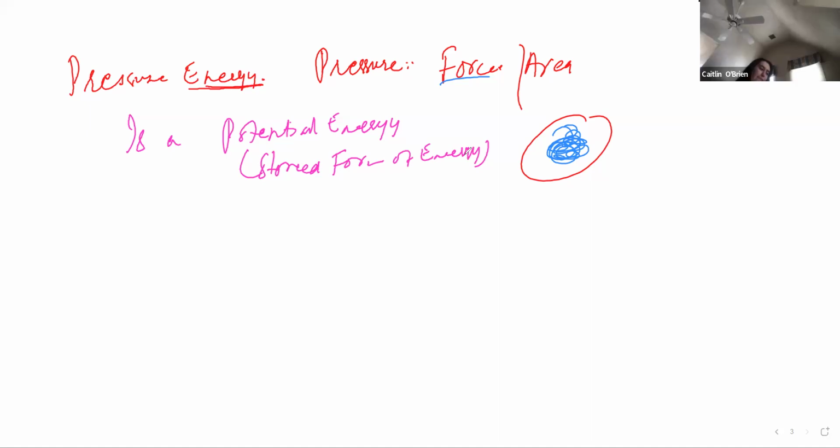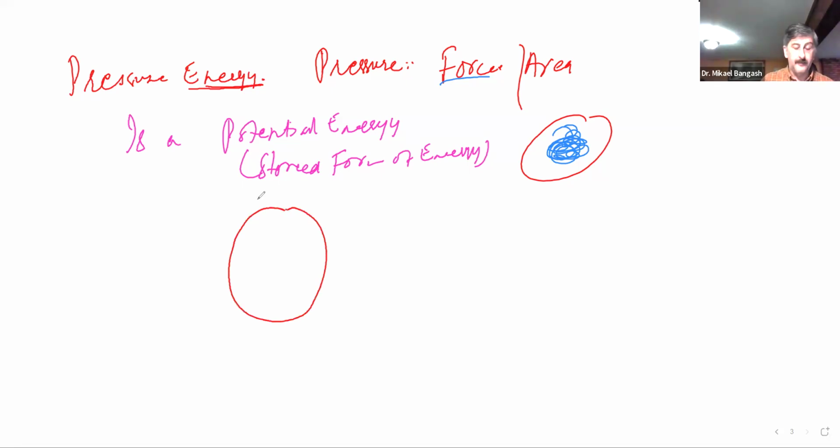Now, first of all, we look at the circulation. Where is it that this pressure initially is being produced? We said that earlier, in the heart.